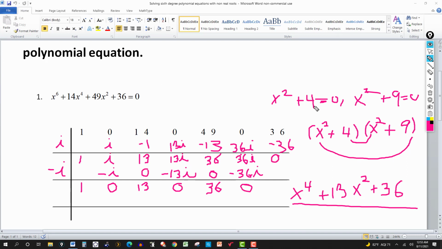And then we just solve these. Isolate the x squared term in this case. We just bring this 4 over, so x squared will equal negative 4. And to solve for x, we take the square root of both sides.